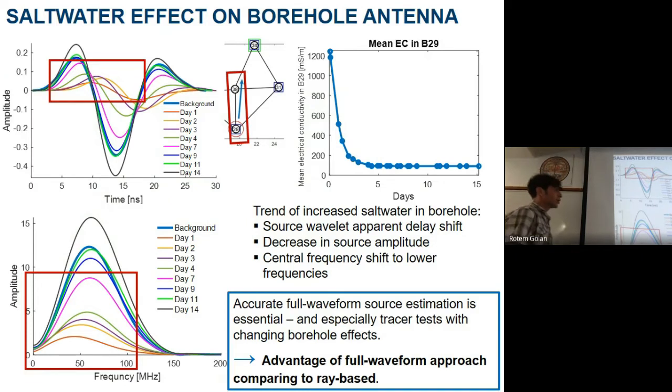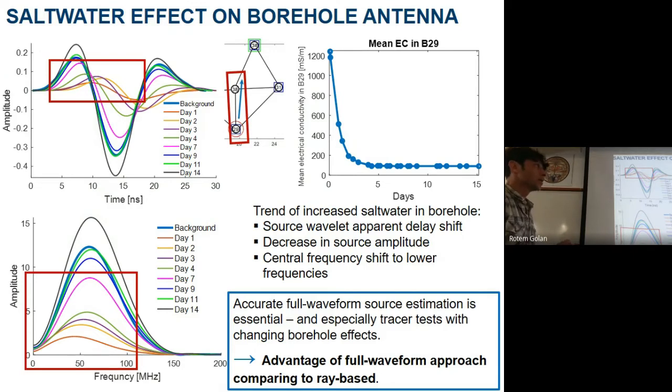I mentioned at the beginning that we can estimate the effective source wavelet. The effective source wavelet of the transmitter is unknown, and it is necessary for accurate full waveform inversion models. We found that there is an effect of the salt water on the antenna source.